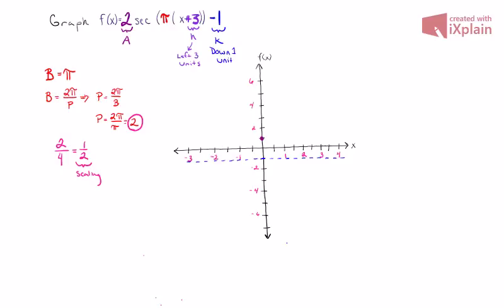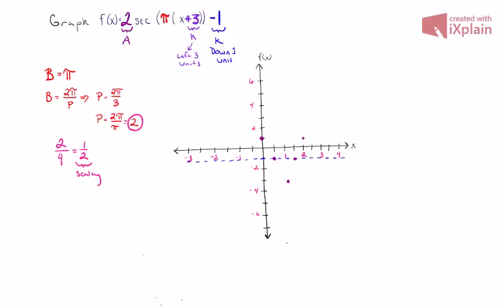And again, because I've already set my period to be 2, I've been able to determine my scale should be 1/2. So I know that at the next interval, so at 1/2 here, I'm going to return back to the midline. Then at 1, I'm going to go down 2 units. At 1.5, I'm back to the midline. 2, I'm up 2 units.